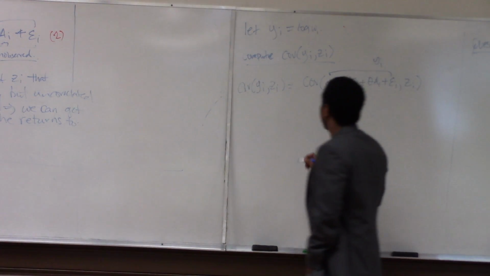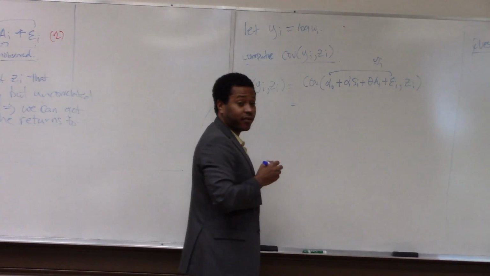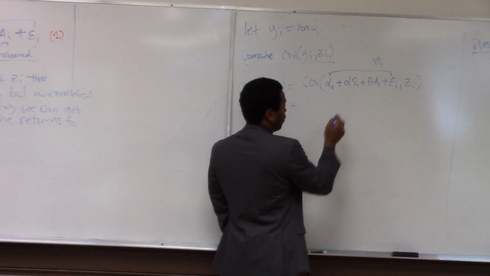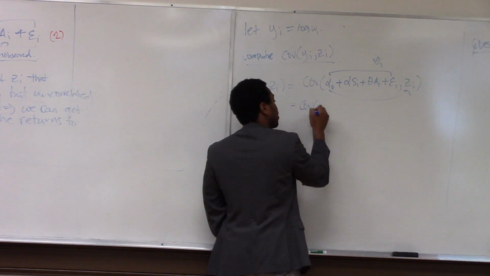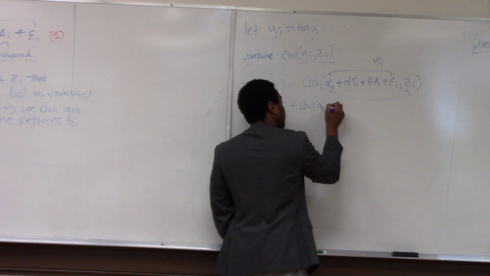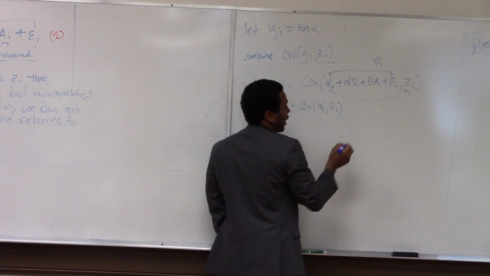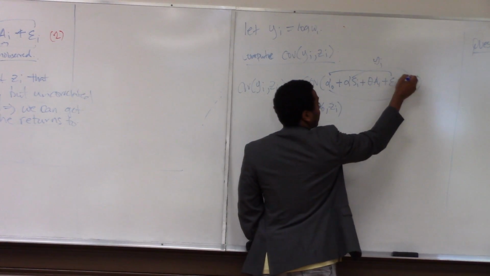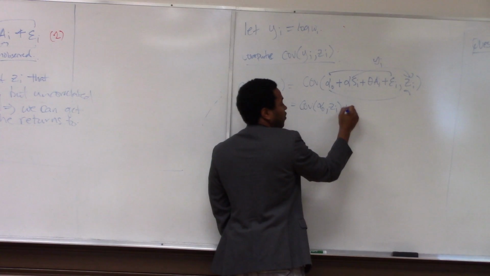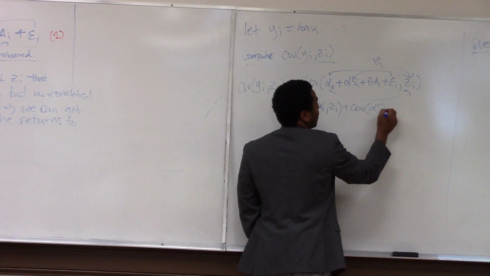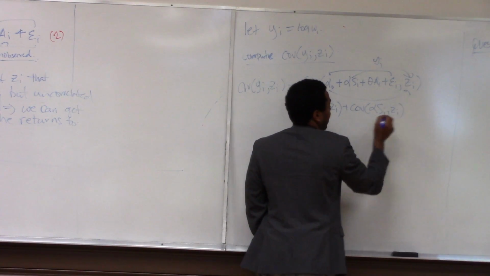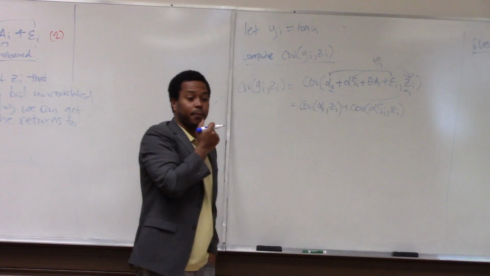Now let's do this element by element, which is the same thing that we did previously. So we do the covariance of alpha 0 with zi. That's the first term we get. The second term is the covariance of alpha si with zi.